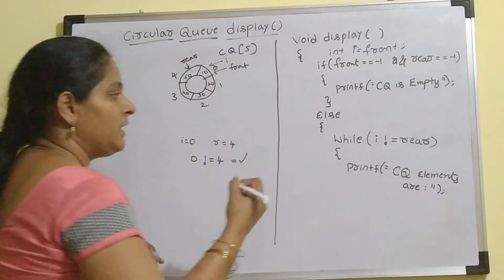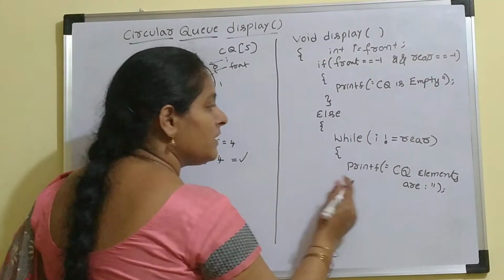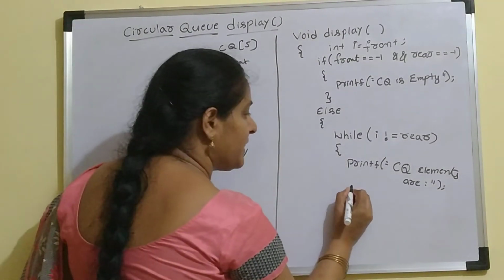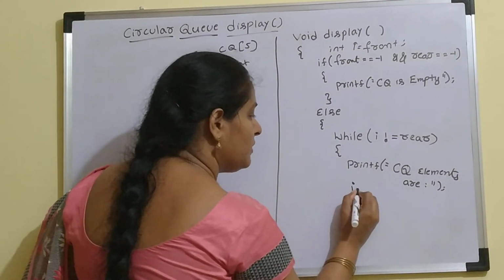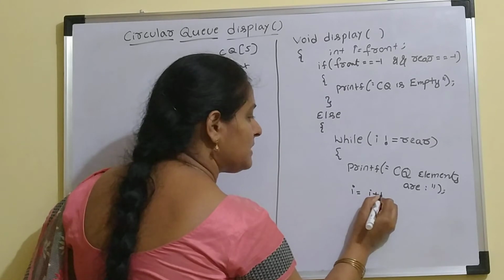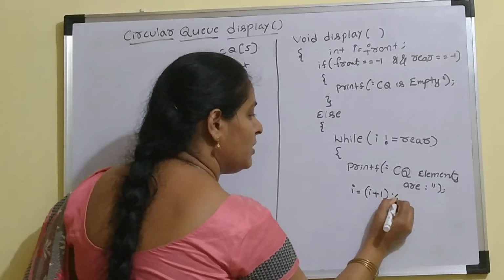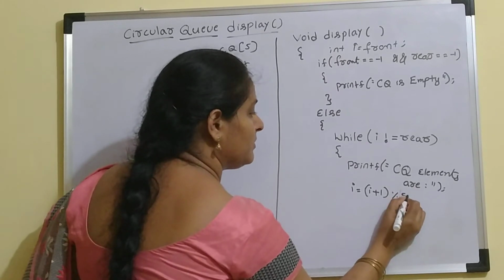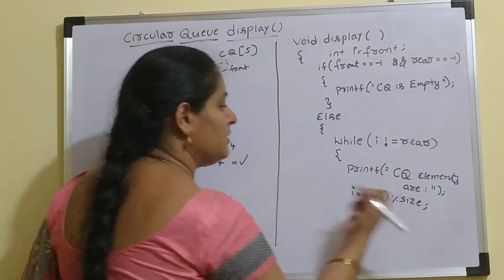Now the next thing is we need to move to the next position. Again we will use the same expression: i = (i + 1) mod size.